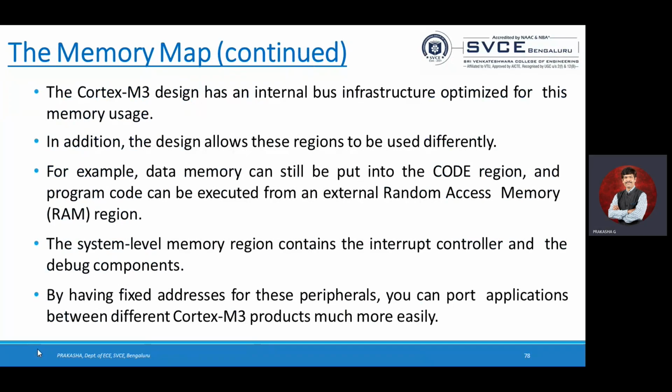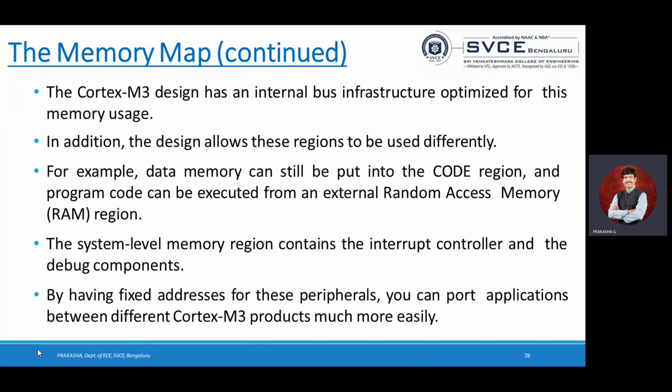I've told this one many times. What is the architecture we are using? There are two different types of architectures. In Harvard architecture, we are going to have two different buses, one to extract the code, one to extract the data.